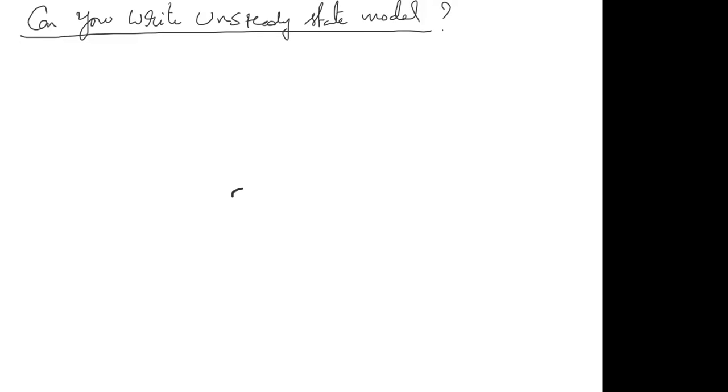So how do you write the unsteady state model? Mass in equals mass out plus mass accumulation. What is mass in? Let's say rho is density, rho into Q naught.